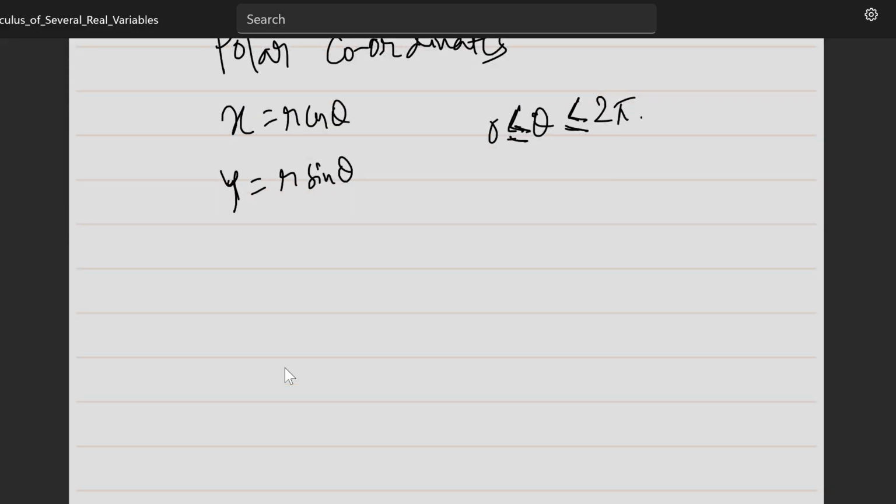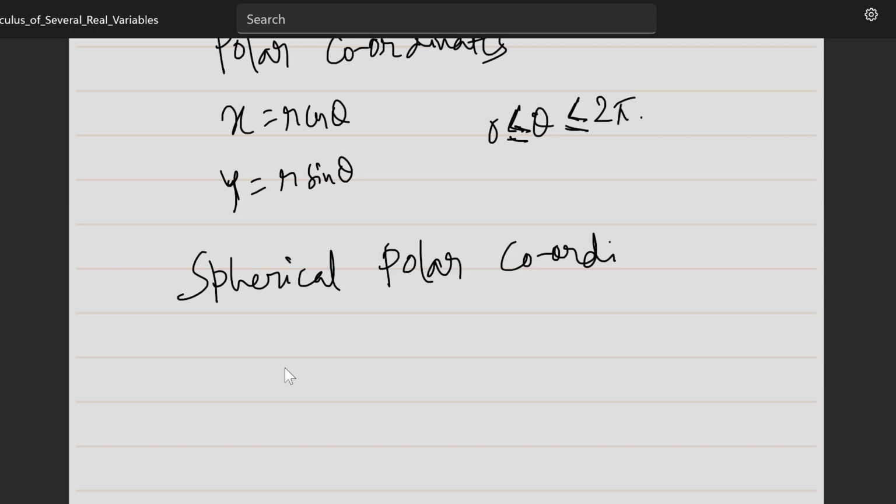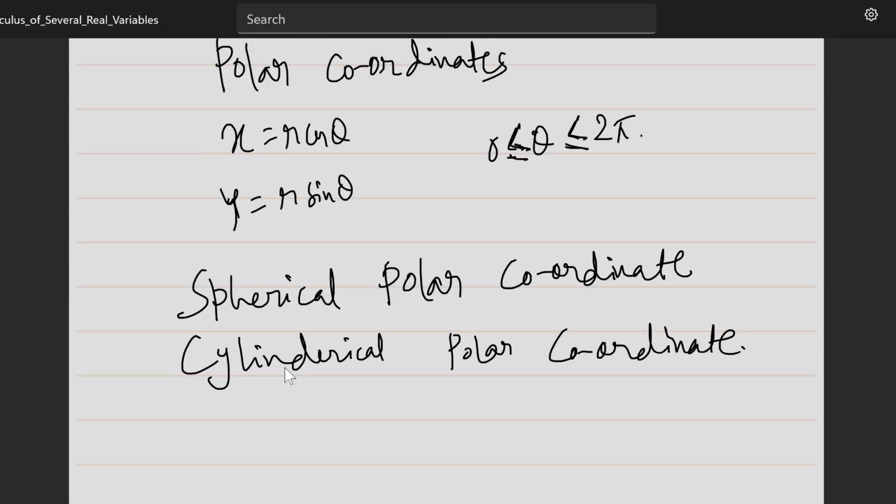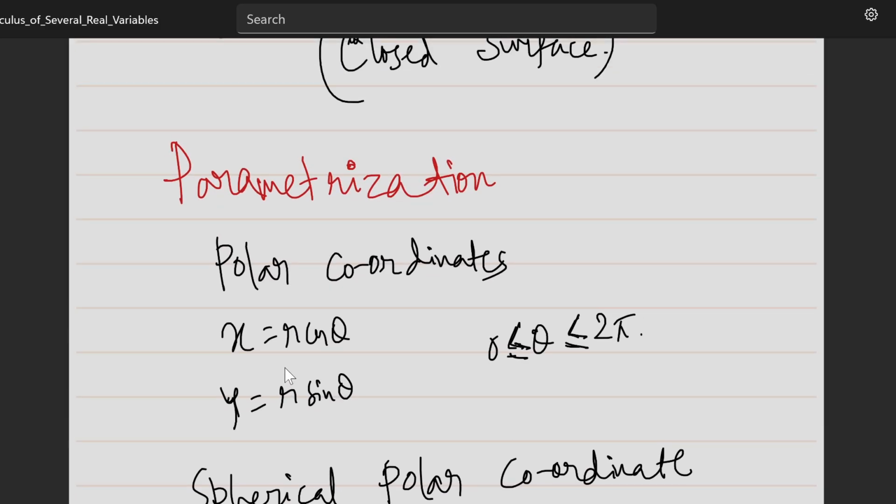Similarly, spherical polar coordinates. Similarly, cylindrical polar coordinates. Carefully observe what is given in the question: octant, quadrant, whole plane. Because as I told you, if you make a mistake in finding this limit, you will get the wrong answer.